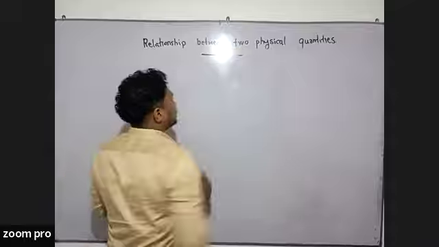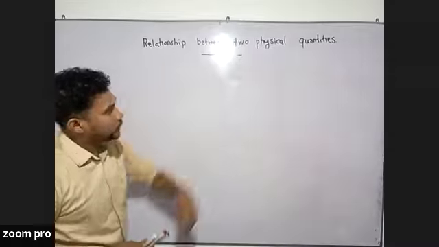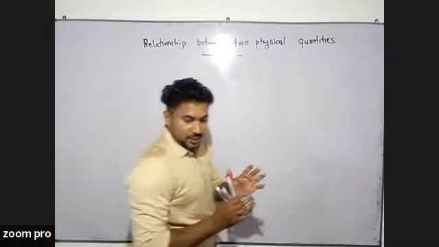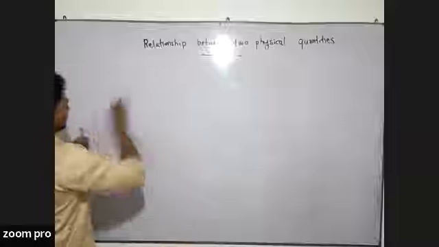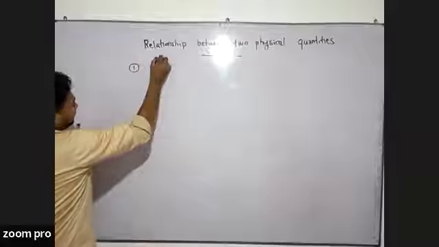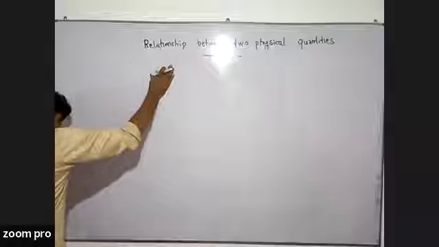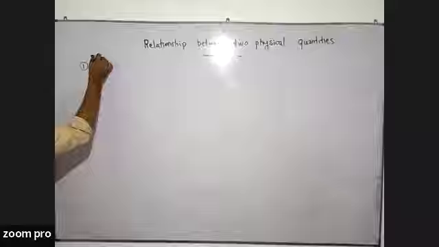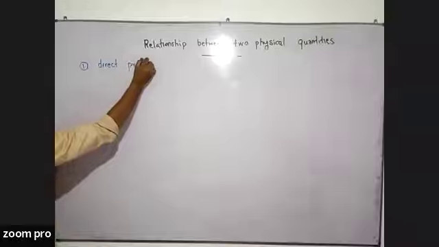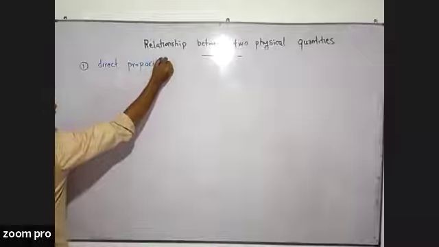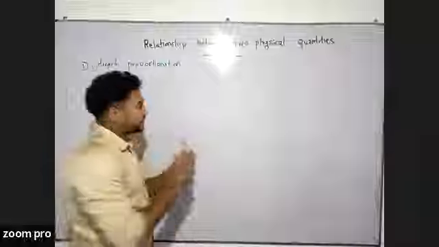So guys, if we consider the relationship between two physical quantities, it can be divided into three categories, or it can be three types, right? First one, it can be a direct proportionation. I will explain everything, right?